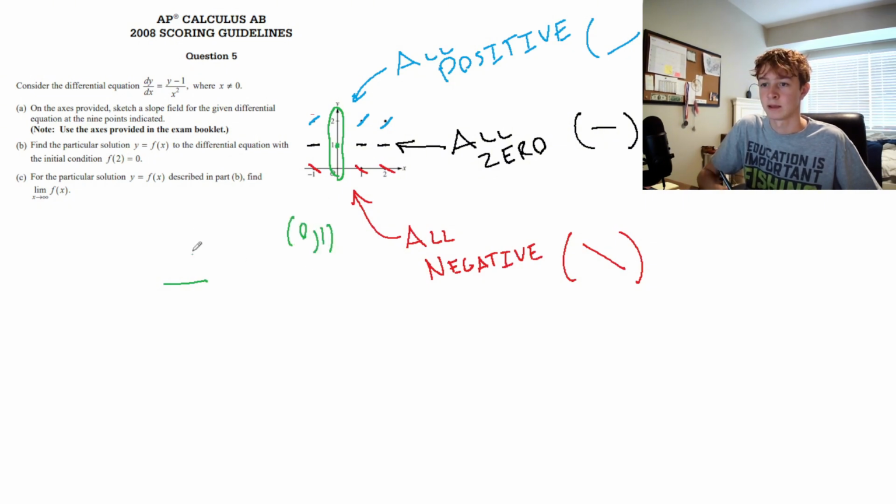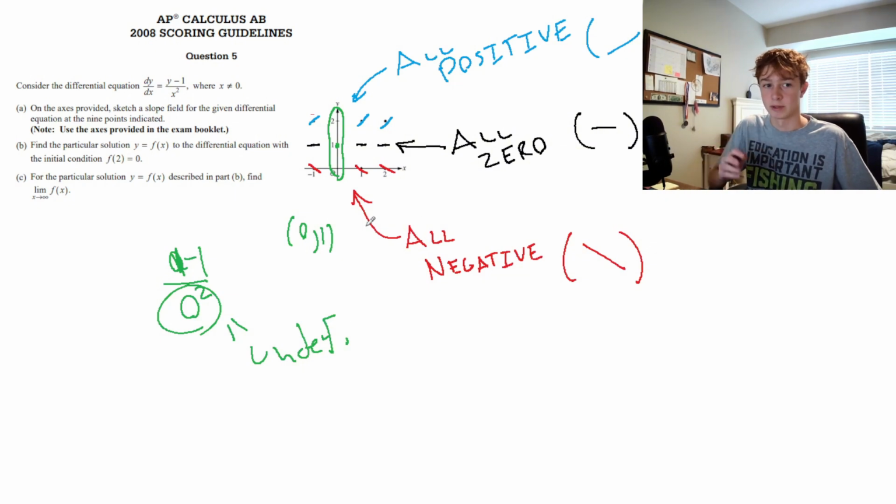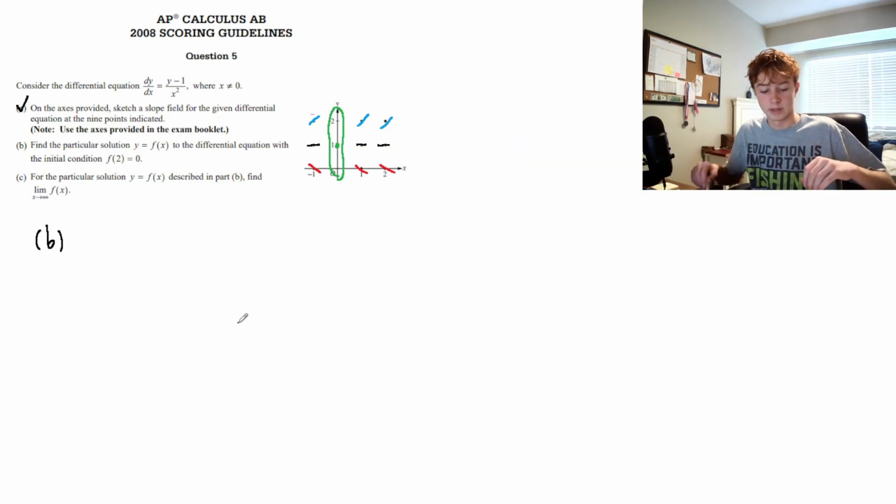We plug in 0, we have 1 minus 1, because y is 1, over 0 squared, which is just 0. And we can't have a number over 0, that's undefined. So that's why we have no points in the middle. Okay, awesome. Now we can look at part B.